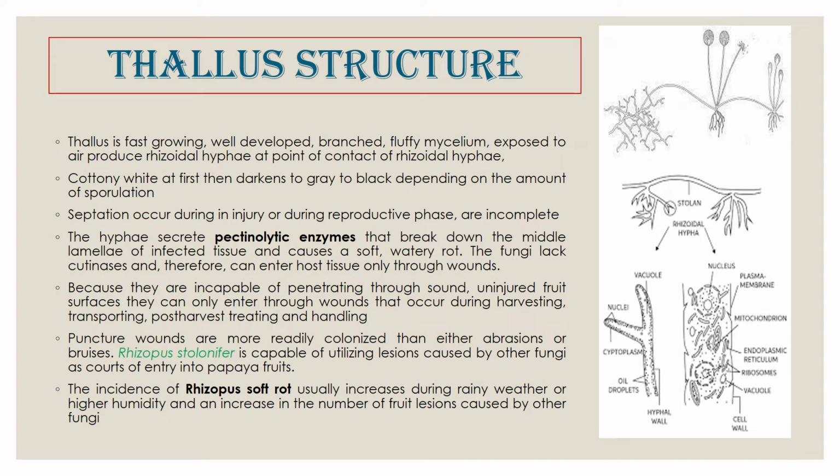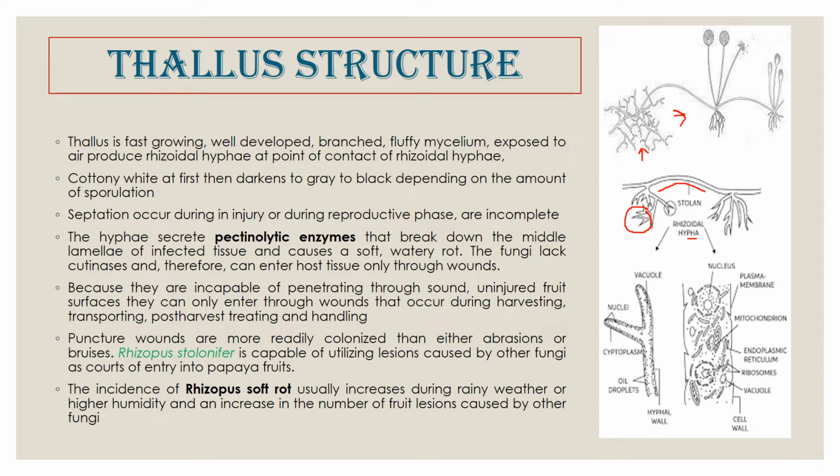About the thallus structure, here we see in this picture the thallus structure, where these are the rhizoids, the rhizoidal hyphae, and these are the stolons, and this is the somatic phase.